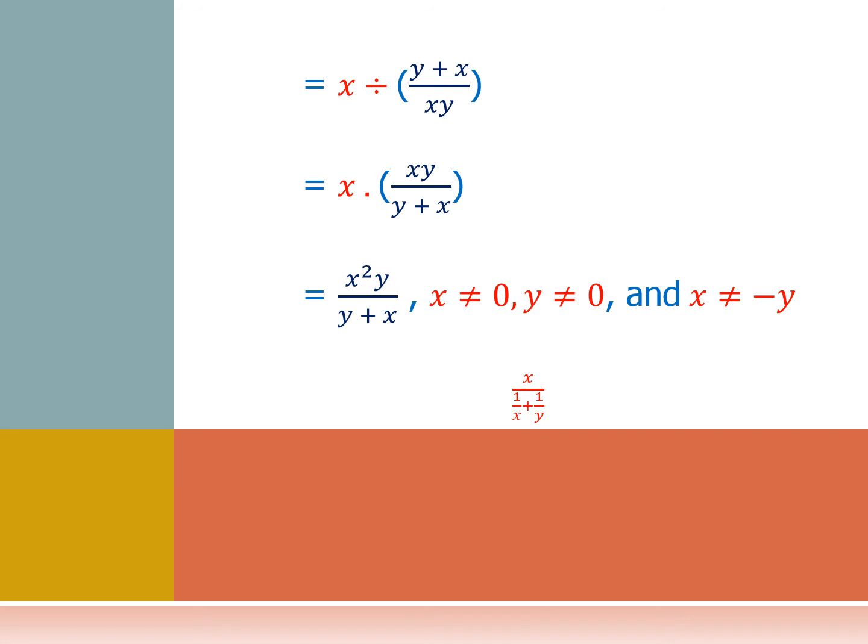We get x is not equal to 0 from the expression 1 over x, and y is not equal to 0 from the expression 1 over y, and x is not equal to negative y from the expression y plus x, because if x is equal to negative y, we get 0 in the denominator, which is not allowed, it will be undefined.